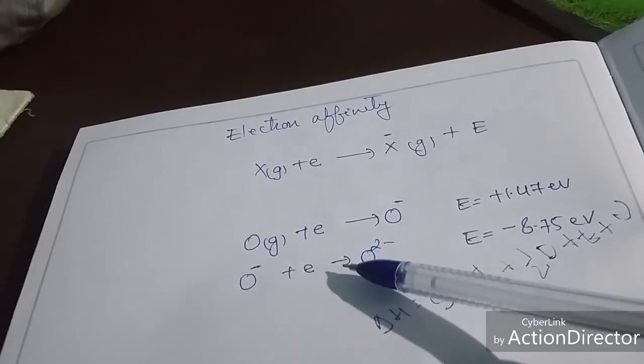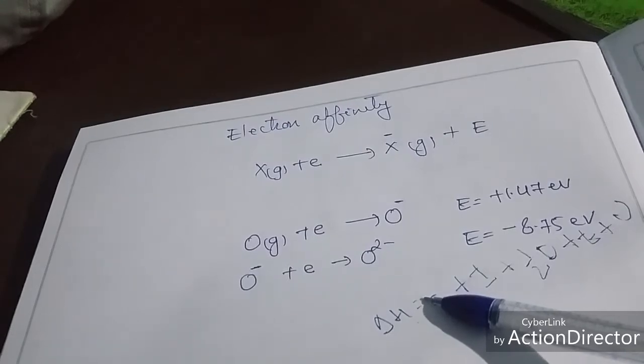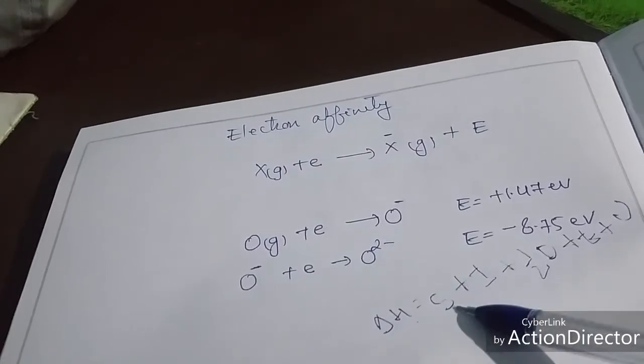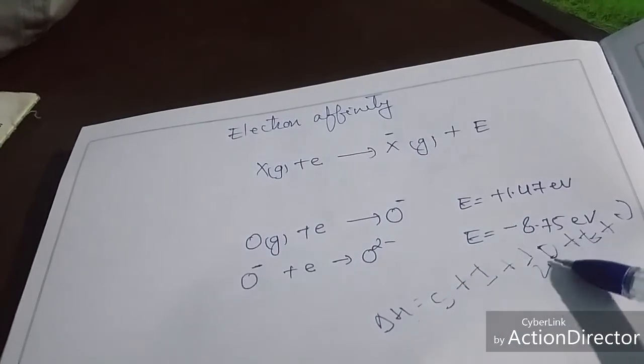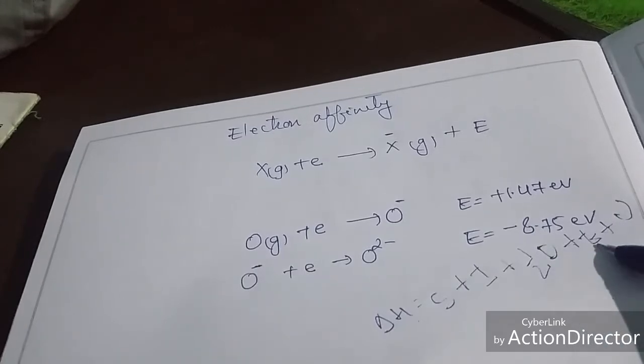Now to calculate the electron affinity, we have the Born-Haber cycle, according to which the heat of formation of an ionic crystal is given by the sublimation energy of the metal, the ionization energy of the metal, the dissociation energy, the electron affinity, and the lattice energy of the ionic crystal.